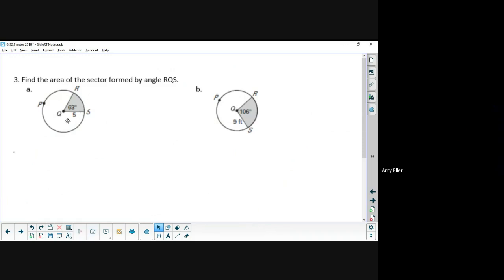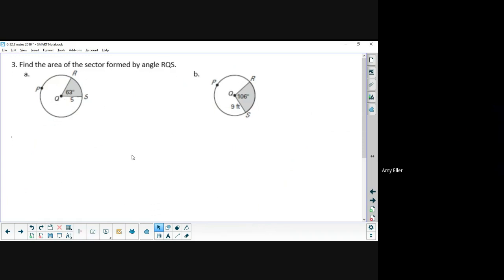Find the area of the sector formed by angle RQS. RQS is this sector right there. So they already have it sort of highlighted for you. Based on the directions, you know what formula to pick. Area of sector. Let's pick that formula.